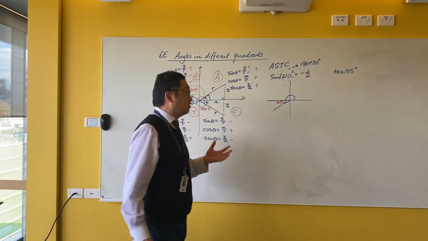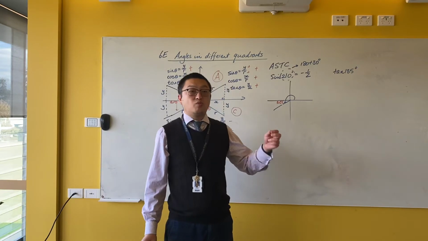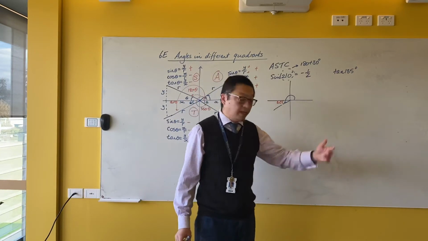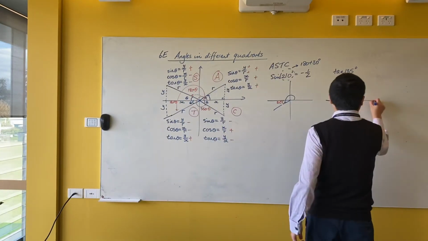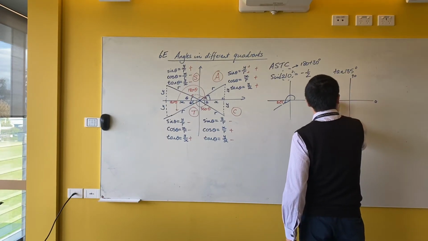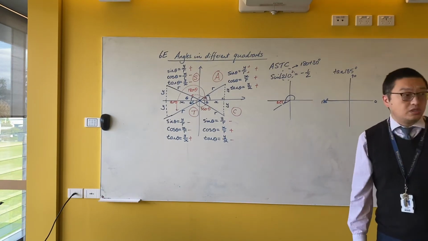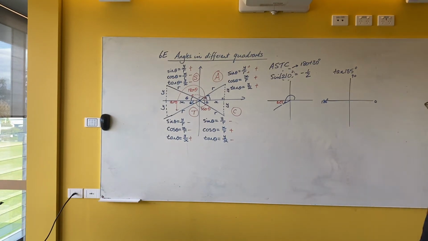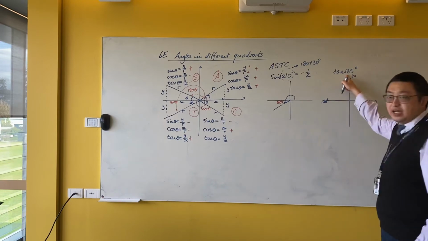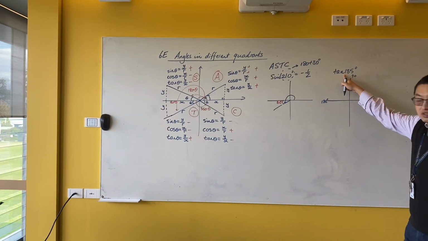So remember what I said? Starting from the angle first. In other words, where is 135 located? Second quadrant, very good. So how can I get 135? 90 plus 45. Well done.